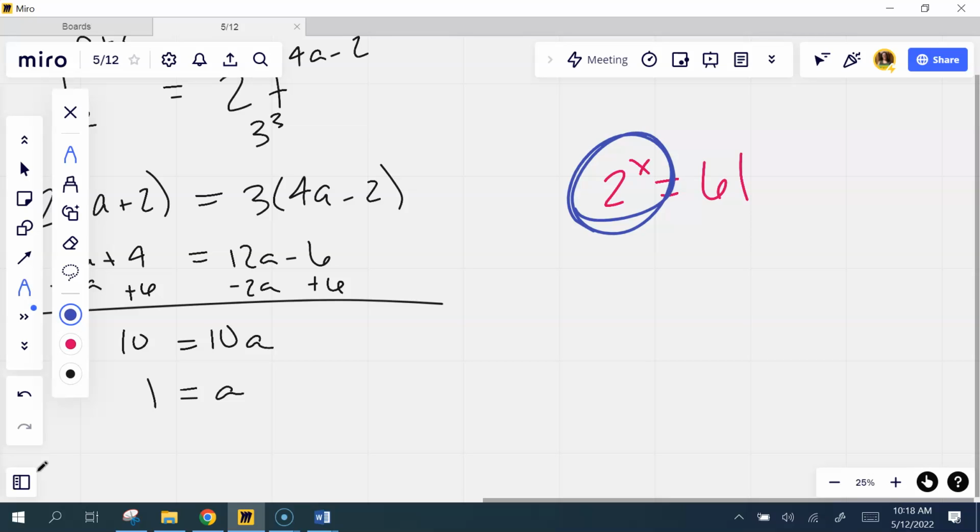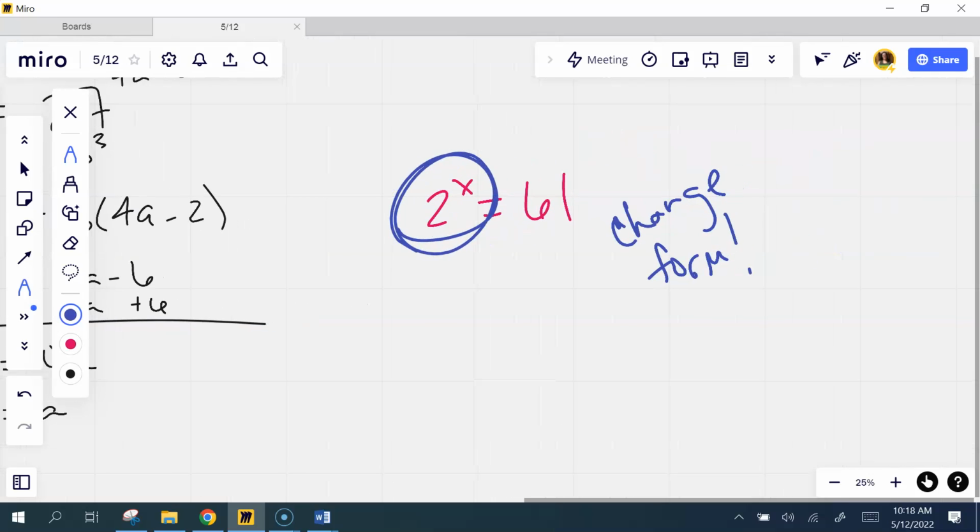I'm going to say instead of taking the log of both sides, I'm going to tell you to change the form. What do I mean by change the form? What form is it in now? Right now it's in, somebody said it, exponential form, that's right. And what's the other form I can go to? Log form.